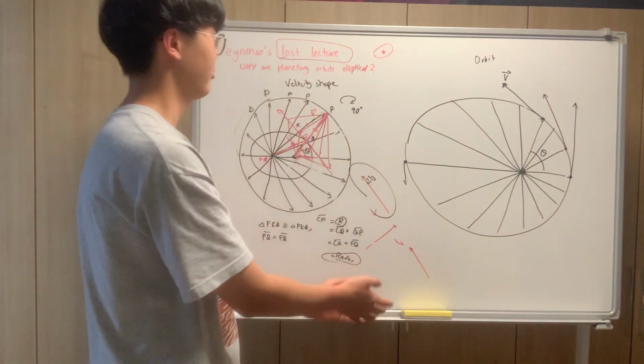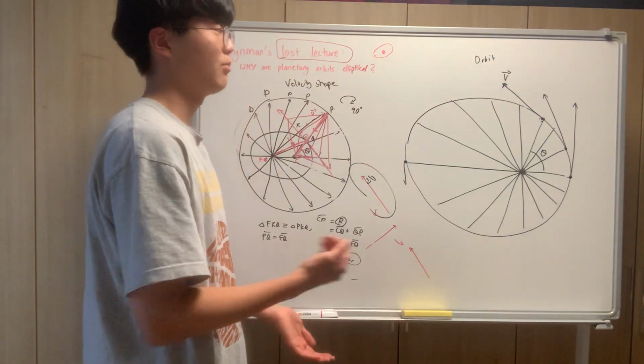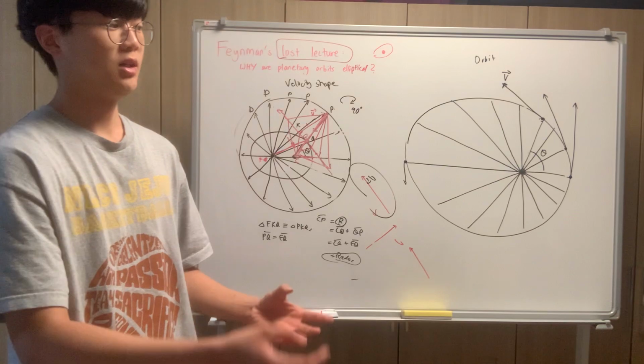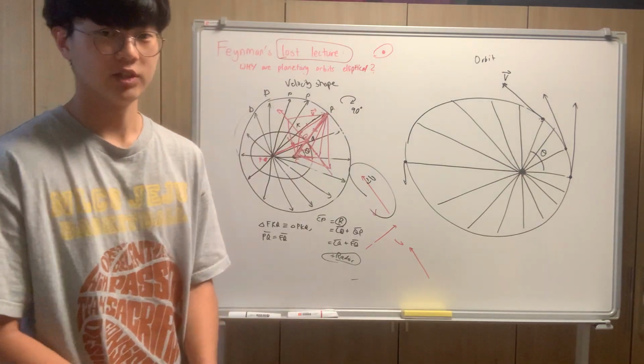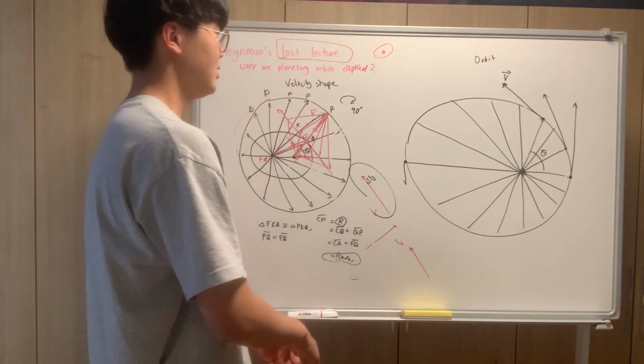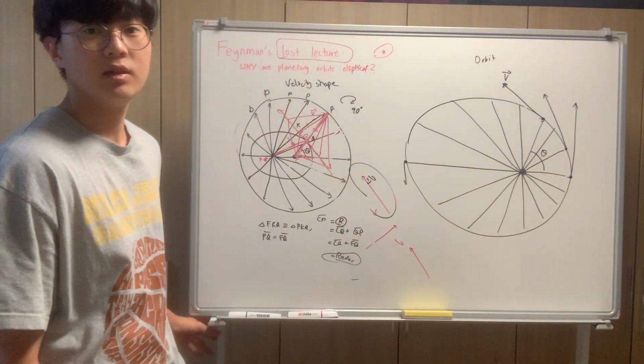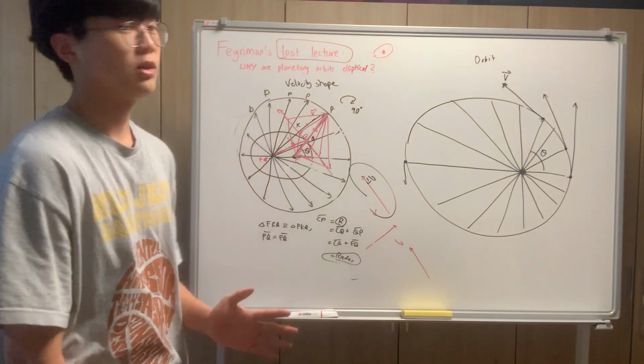This method over here, Feynman's method, was kind of an intuitive approach that didn't really require any understanding of complex calculus. But in the next video, I'm going to be taking a calculus method in proving why planetary orbits are elliptical.